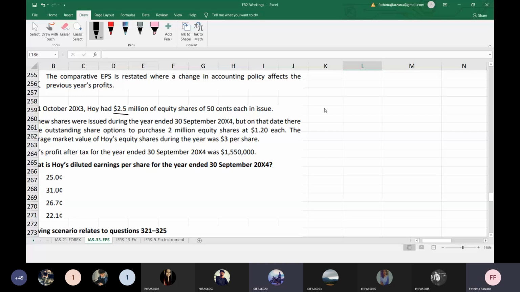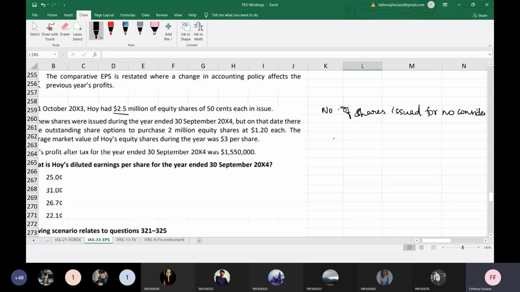Second one. So let us find the number of shares issued for no consideration.